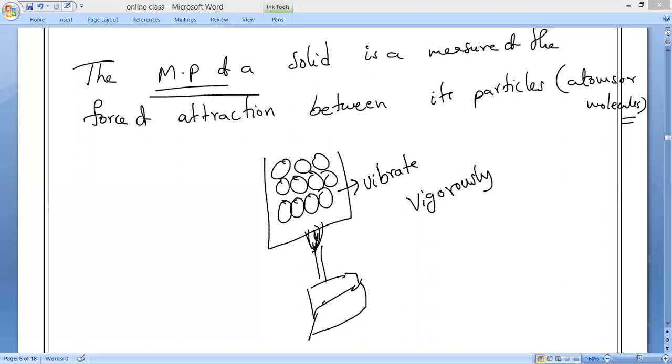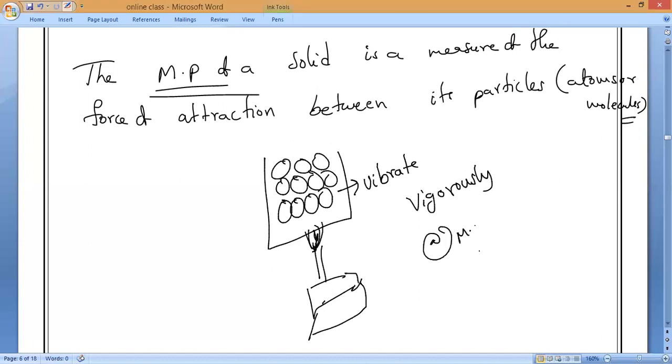At the melting point, the particles get sufficient kinetic energy to break the bond between them.